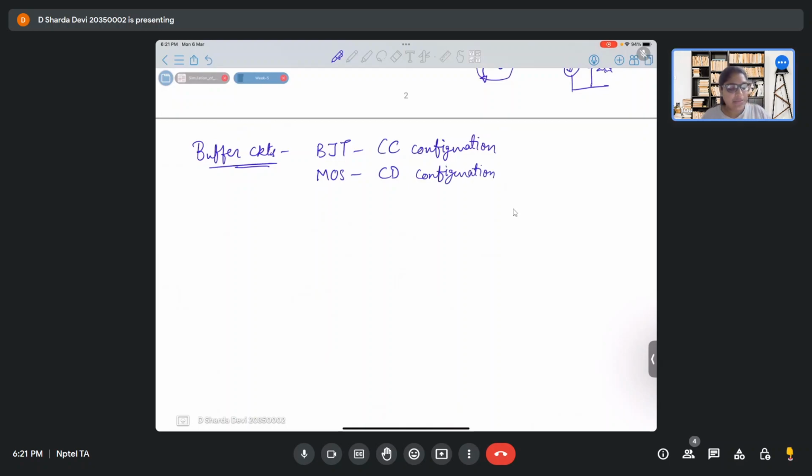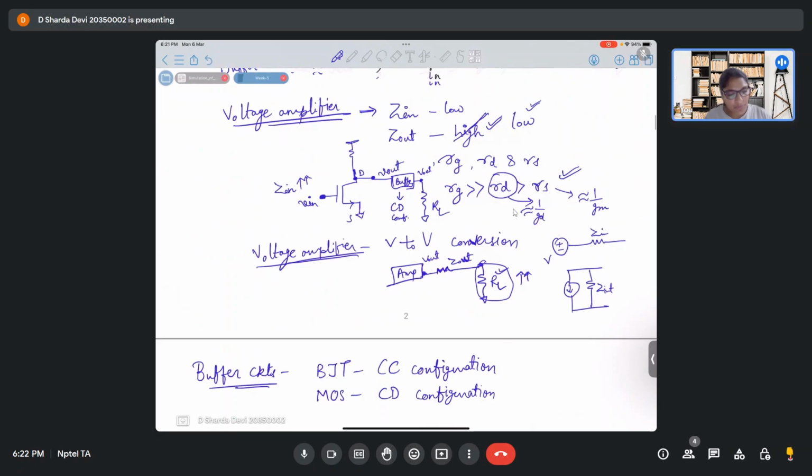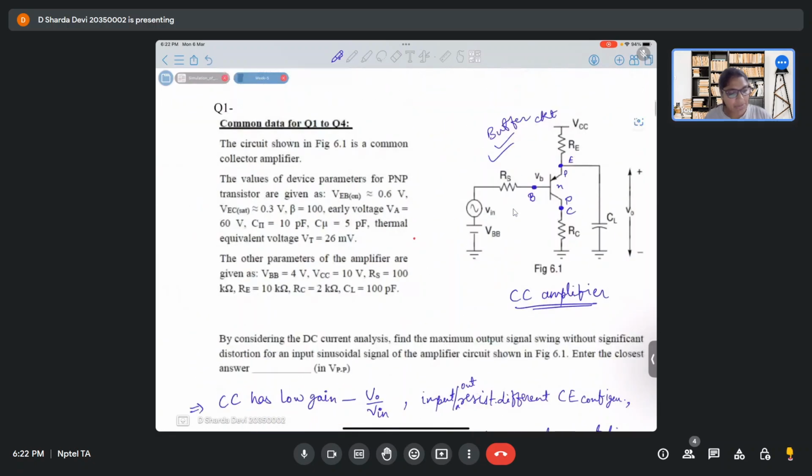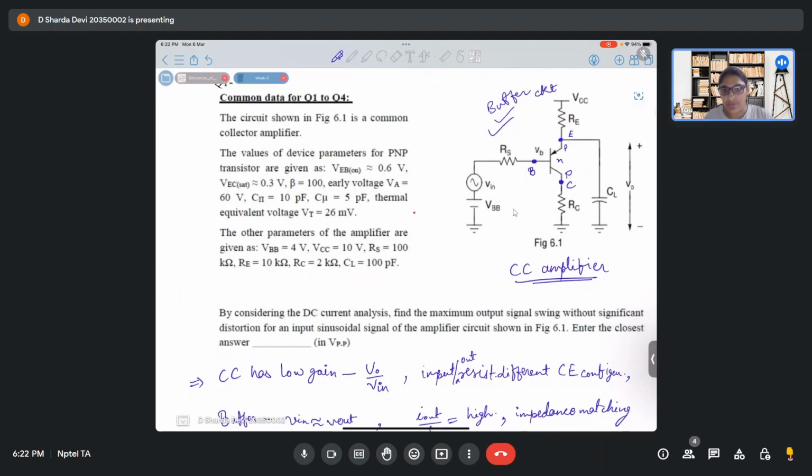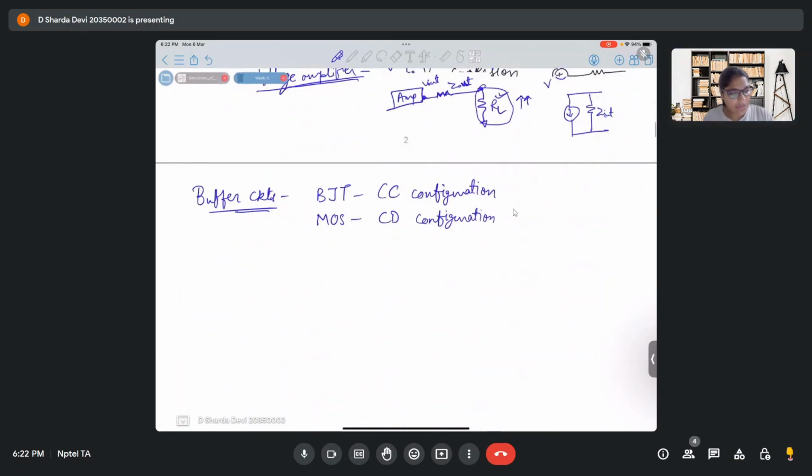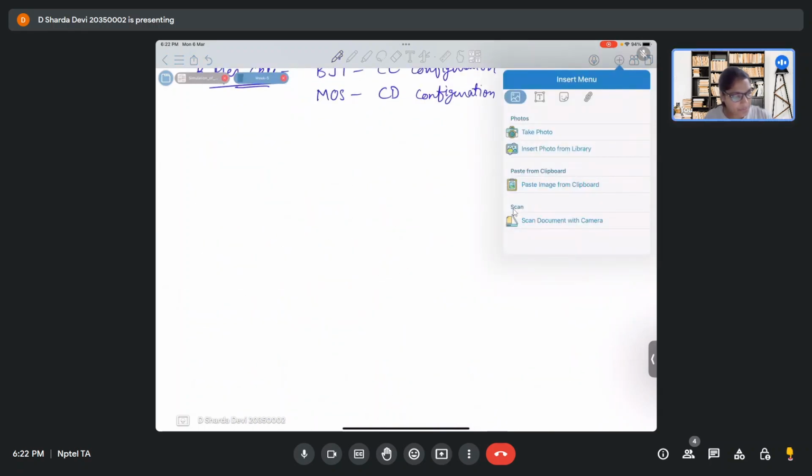Okay, so we'll work on both these configurations today. So here the first problem was based on a BJT based buffer circuit. Okay, is the discussion clear? अभी तक जो पूछा कुछ doubt है? Yes, ma'am, it's clear. Okay, so now let's proceed with the first problem.